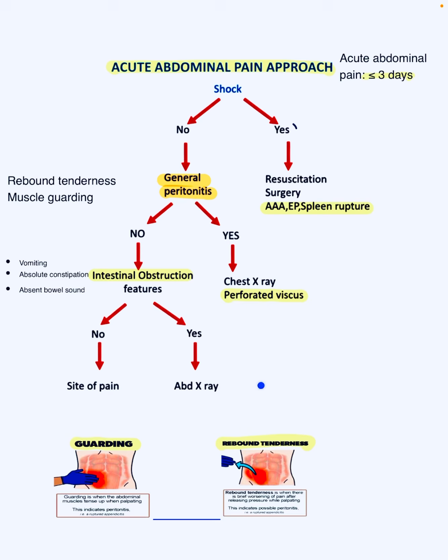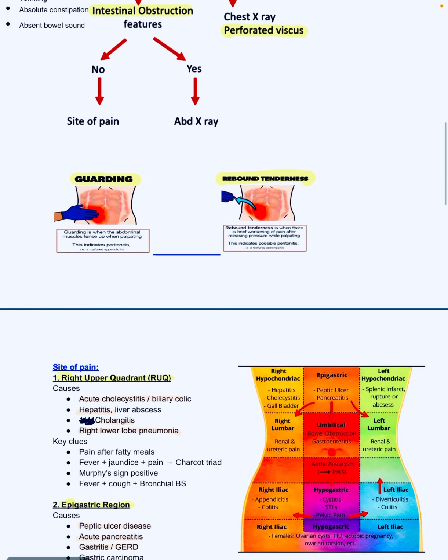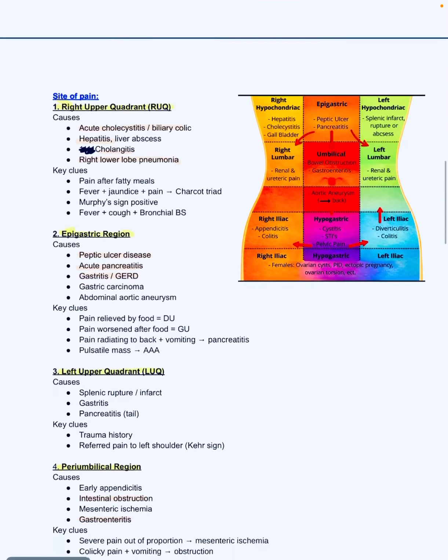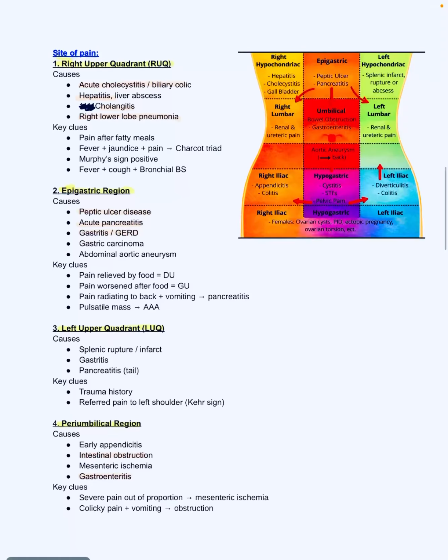Dilated loops are usually present in these cases. If no signs of intestinal obstruction, then the diagnosis should be done according to site of pain that we discussed previously. Here again the site of pain is discussed in brief.